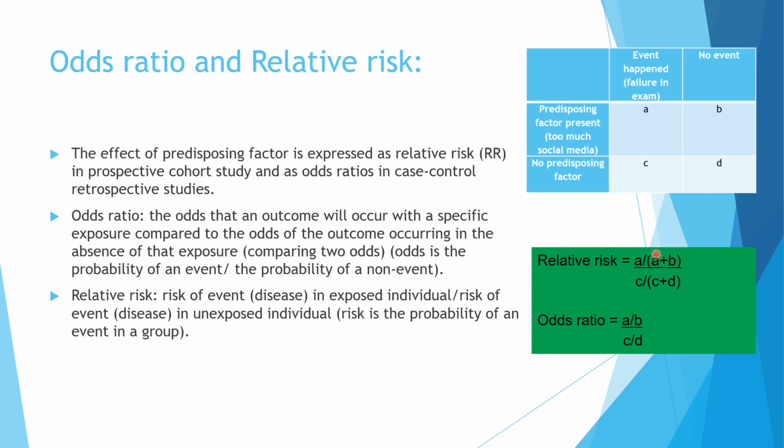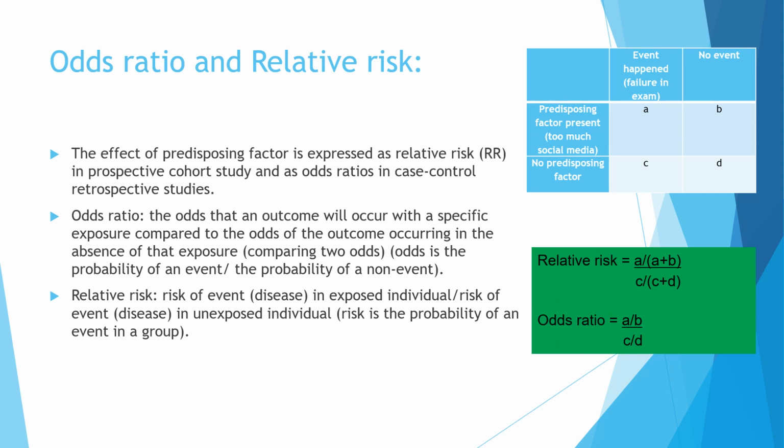So if A is very small and B is very big, A plus B will be close to B. So if you have a study that is done over thousands or millions of people, and the event that happens is not as common, for example, cancer development, relative risk and odds ratio will become very, very close to each other.